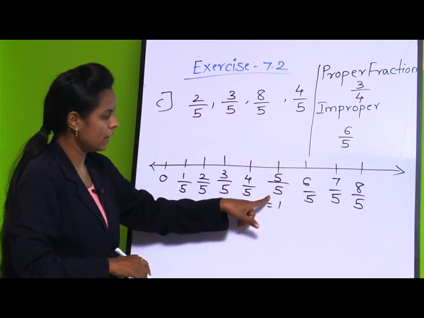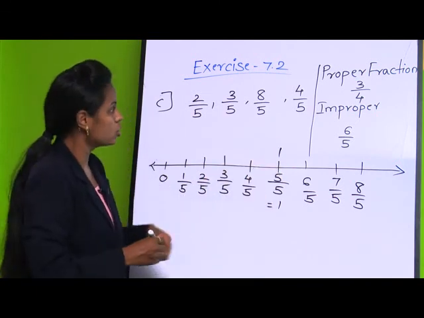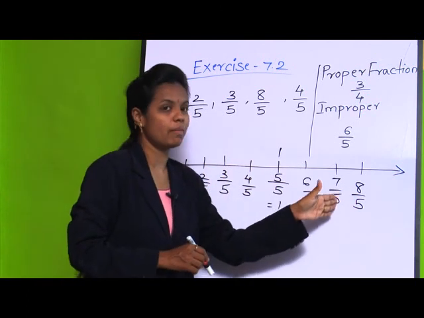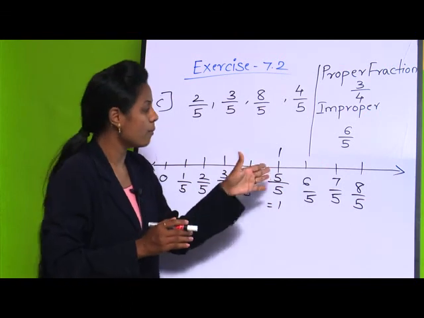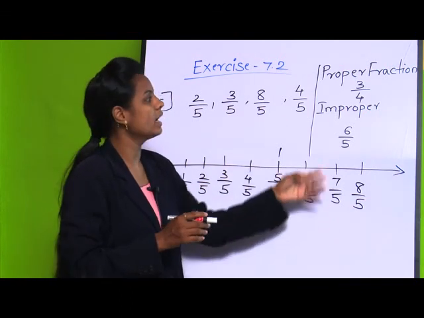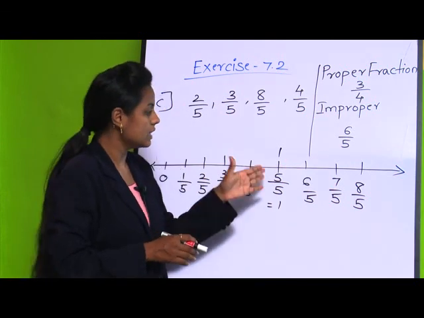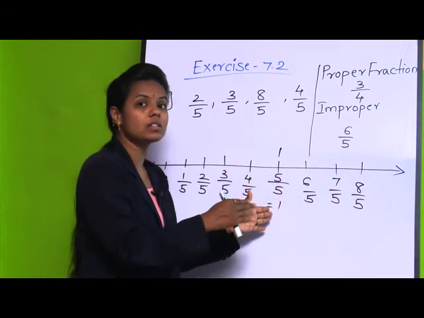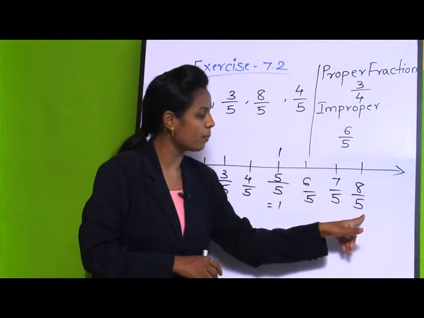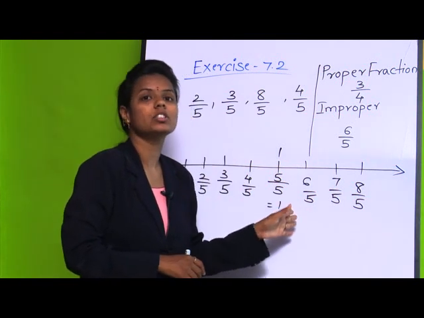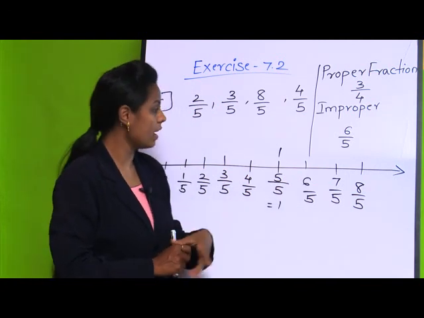When we get 5 by 5, it becomes the 1. So 6 by 5, 7 by 5 and 8 by 5 are the fractions that are more than 1 and it comes under improper fraction. Okay. These fractions towards the right side of the 1 are improper fractions and these fractions are more than 1.